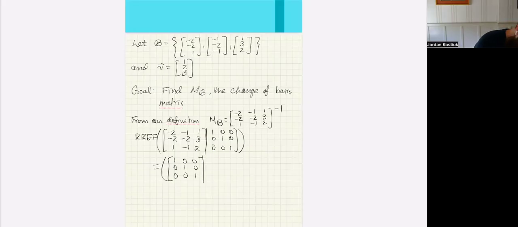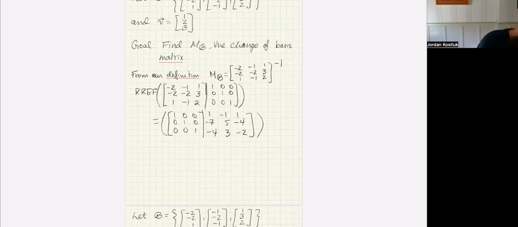Vertical line, and then I get 1, minus 7, minus 4, minus 15, 3, and 1, minus 4, minus 2.